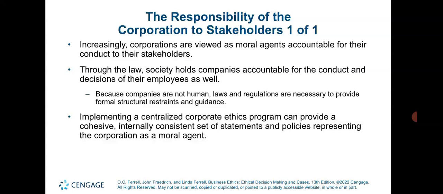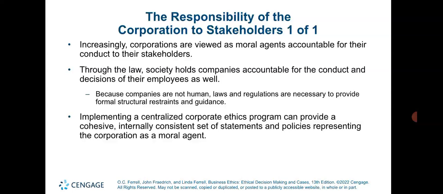Okay, so they are accountable for the conduct, specifically to the various stakeholders that are related to the corporations. Through the law, society holds companies accountable for the conduct and decisions of their employees as well. Okay, because companies are not human, laws and regulations are necessary to provide formal structural restraints and guidelines.